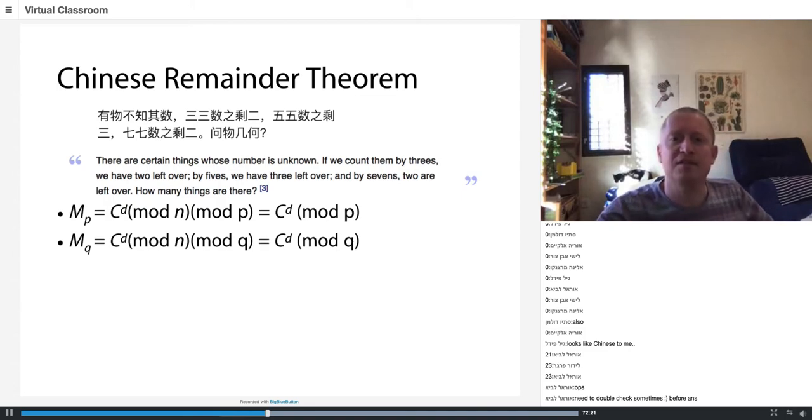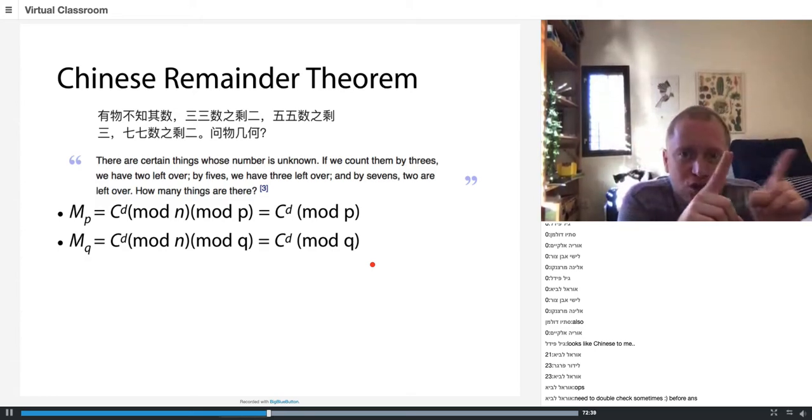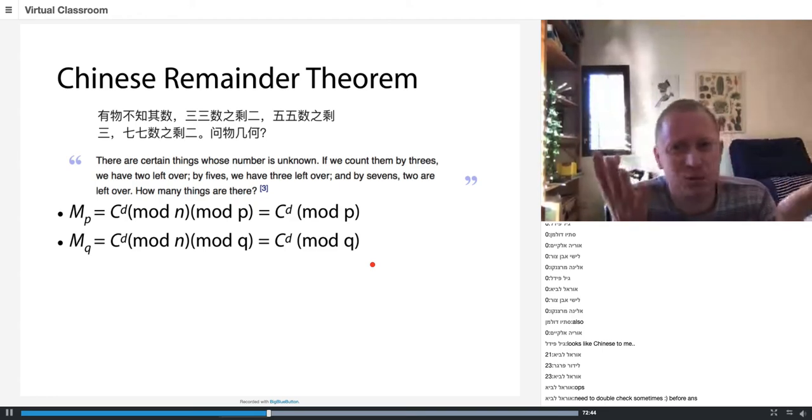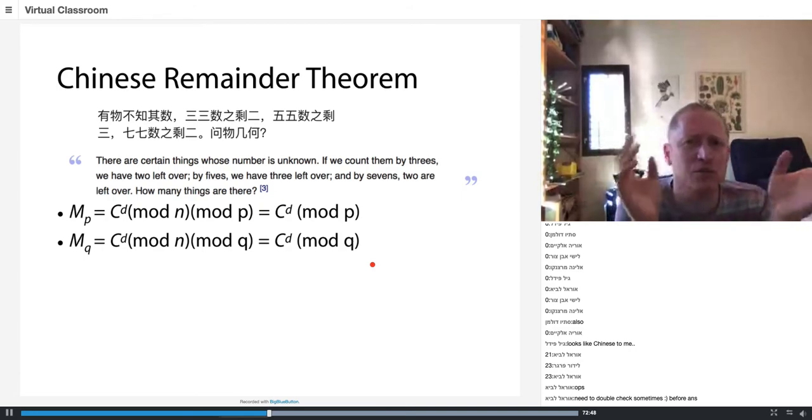So now I have c to the power of d modulo p and c to the power of d modulo q. Each one of these operations took me 1/4 of the time to calculate compared to c to the power of d modulo n. And this is because multiplication is quadratic in the length. So it doesn't matter how I did the multiplication, Montgomery, not Montgomery, sliding window, not sliding window.